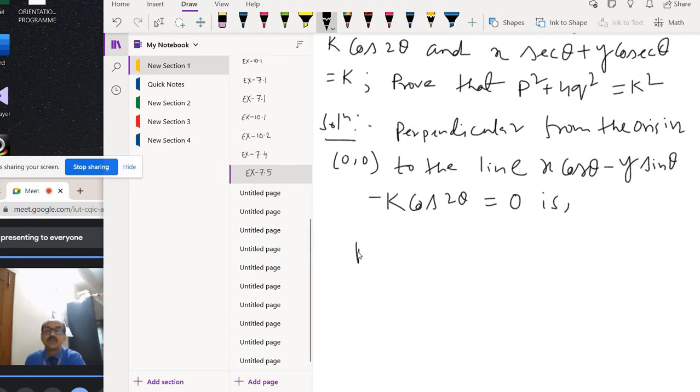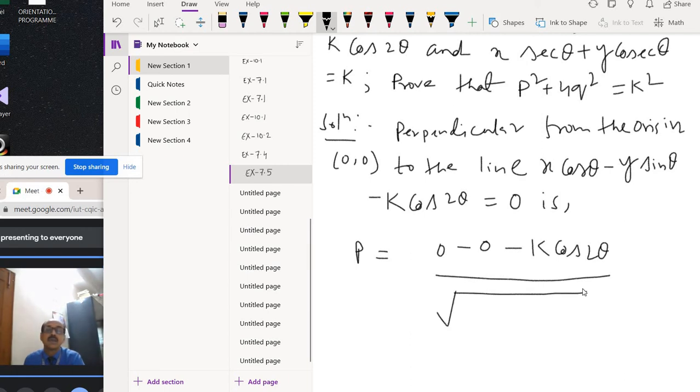So p equal to, put x equal to 0, y equal to 0, that means 0 minus k cos 2 theta, divided by under root x coefficient cos theta, that is cos square theta, plus y coefficient minus sin theta, whose square is sin square theta, mod.